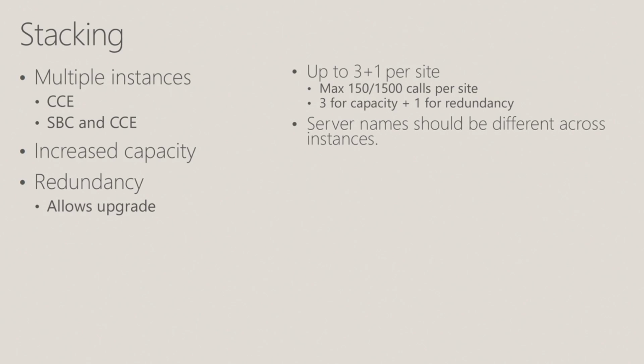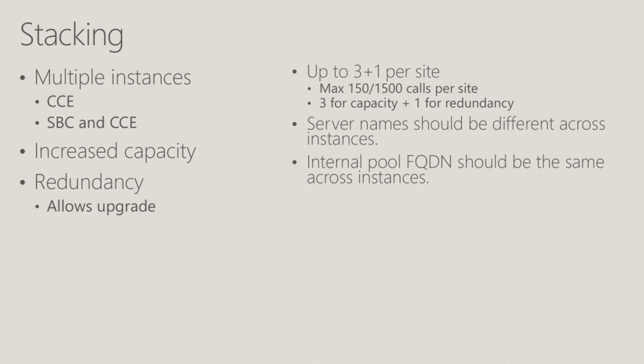Server names, now we're getting technical. Server names must be, I don't know why I said should, must be unique across all of these 4 units. Okay? The internal pool fully qualified domain name must be the same across the pool.